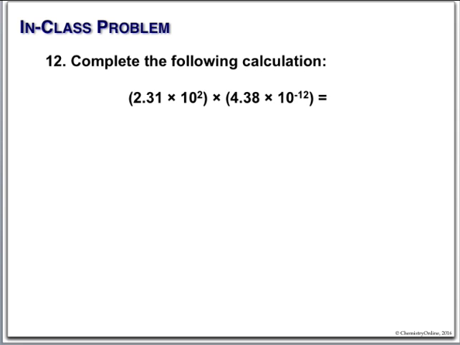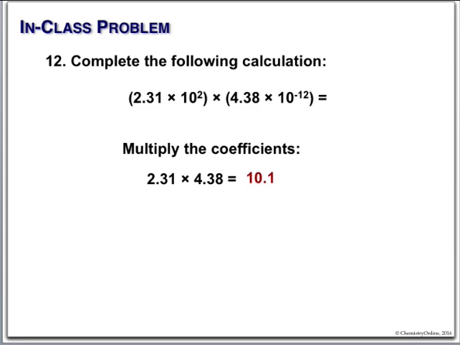Now, if you don't want to do it that way, you don't have to. You can use a four-banger. The way you do it is what we're going to talk about here. Step one, you're going to look at your two coefficients, this guy and this guy, and simply multiply them together. So 2.31 times 4.38 is 10.1. Now I've rounded this to 3 digits because we have 3 digits that we're working with.